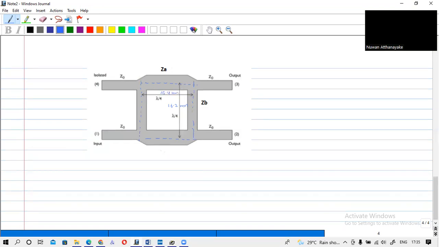And this width is 2.4, 2.3, that means this half is 1.15. I will take it as 1.2, and this half also 1.15, I will take it as 1.2. Actually, I take this as 1.2 because previously I took this as 2.4.